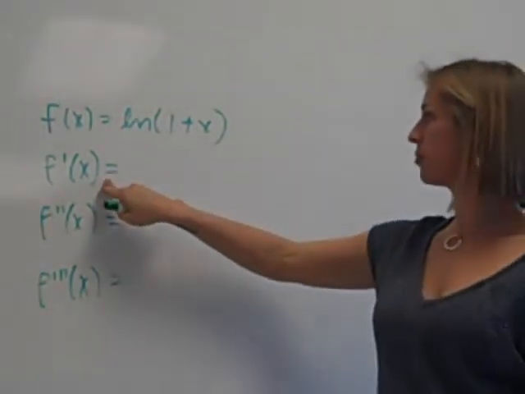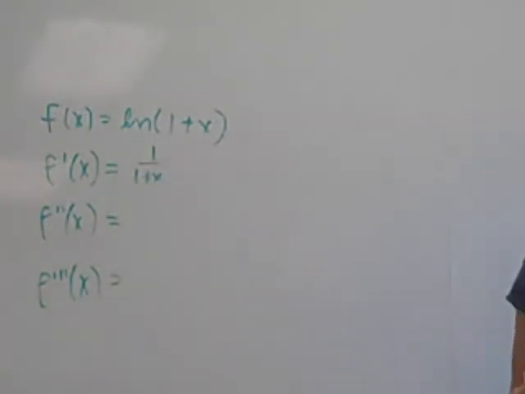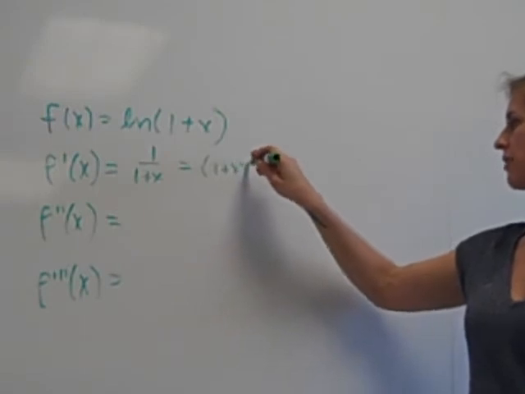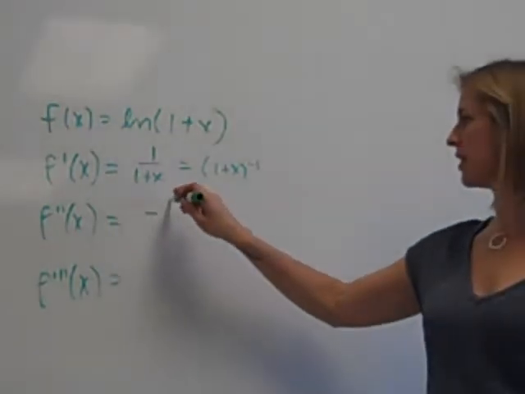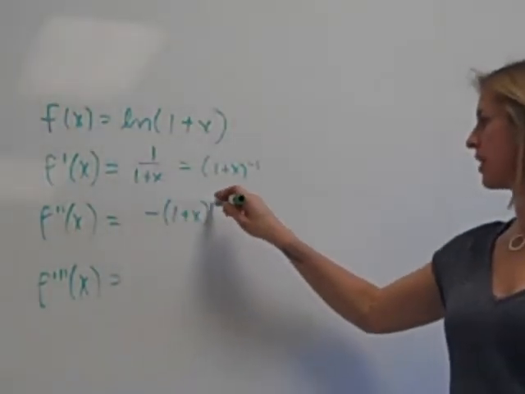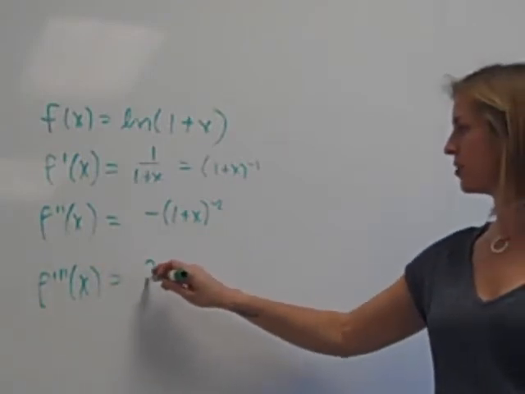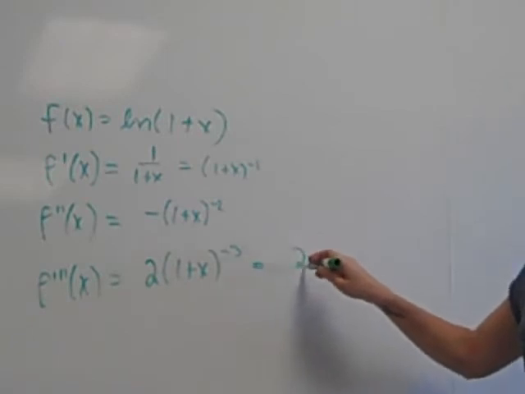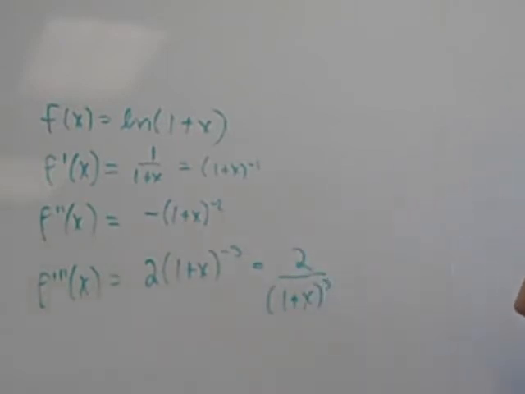So f prime is 1 over 1 plus x. Agreed? And this is really 1 plus x to the negative first. It's easier just to write it that way. So the second derivative is negative 1 plus x to the negative second. And the third one is 2 times 1 plus x to the negative third. And now I'll write it normal because I'm finished.